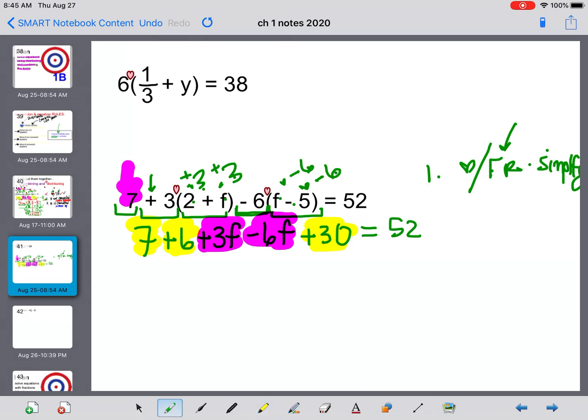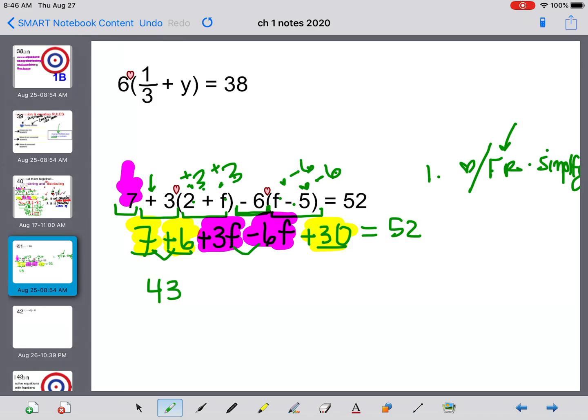And here again, I've kind of broken that up into terms that I'm going to work with. So let's first combine all of our integers together. 7 plus 6 gives me 13, and then 13 plus 30 gives me 43.